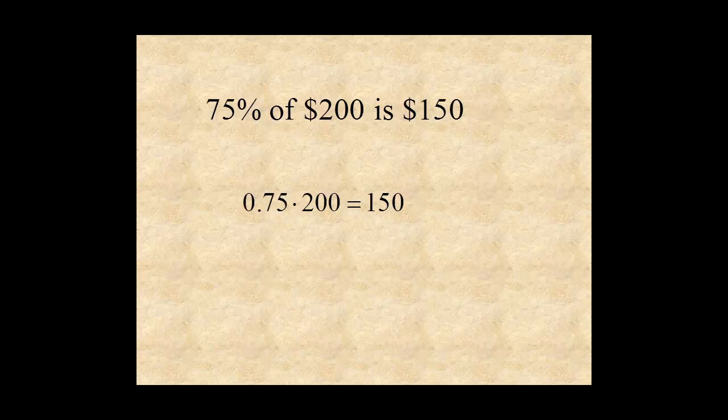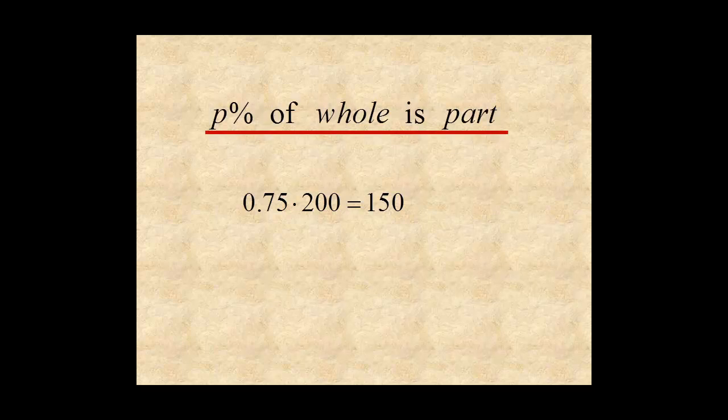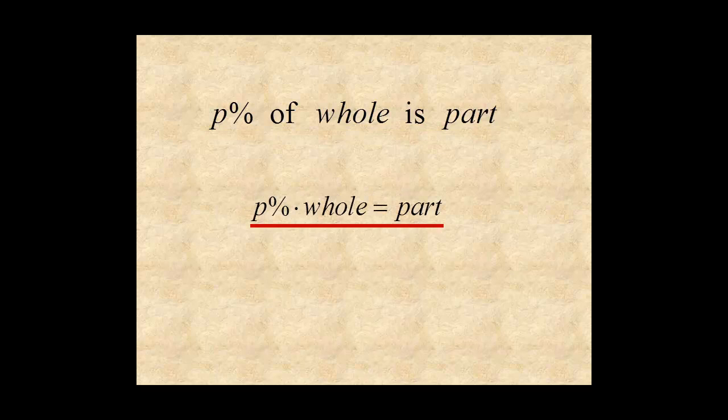So a percent can be used instead of a ratio or a fraction to express part of something. In general, we can say percent of whole is part. And the mathematical model is percent times whole equals part. In the mathematical model, always express the percent as a decimal.